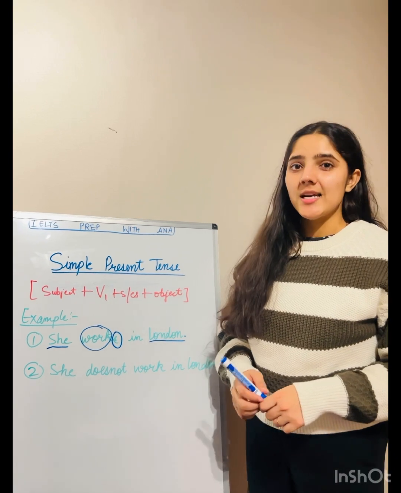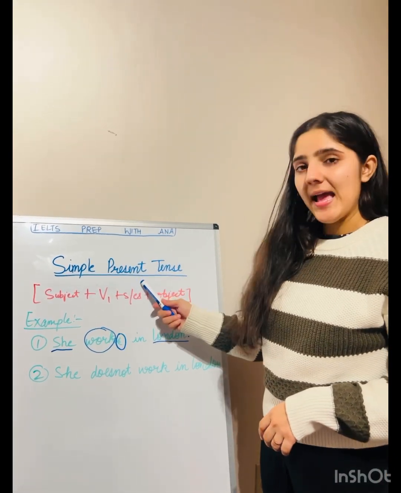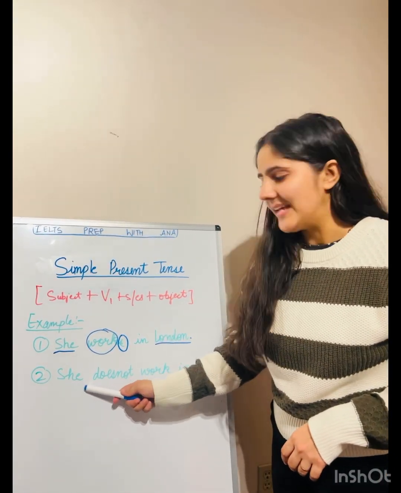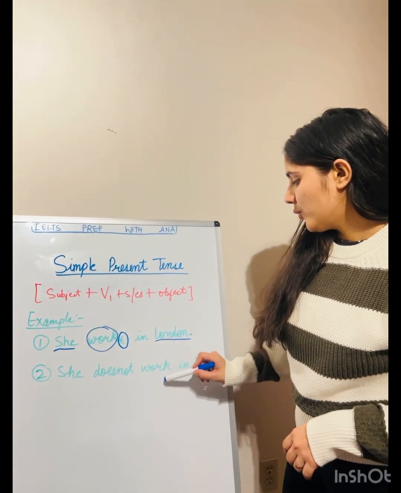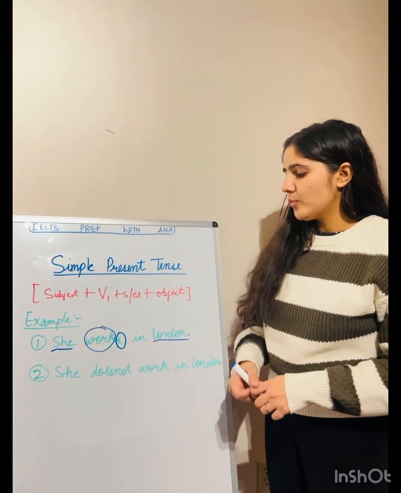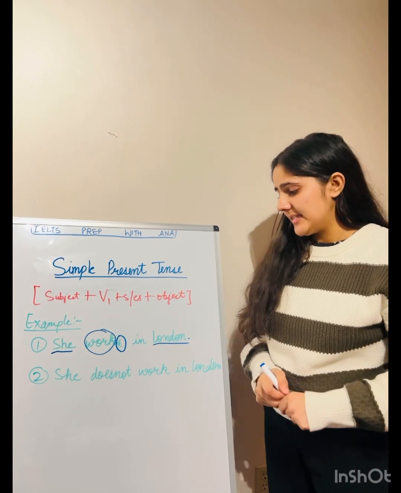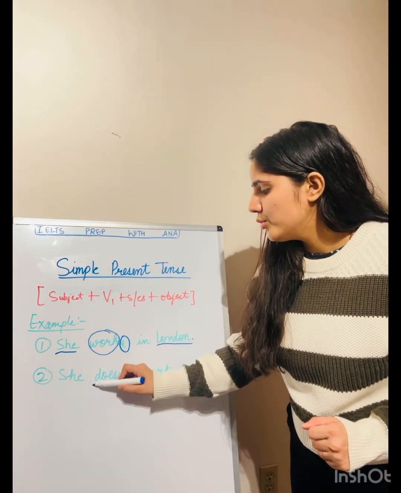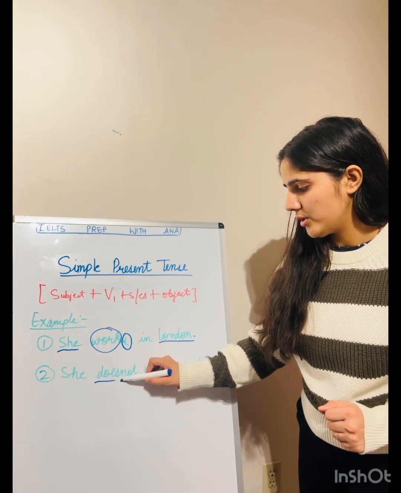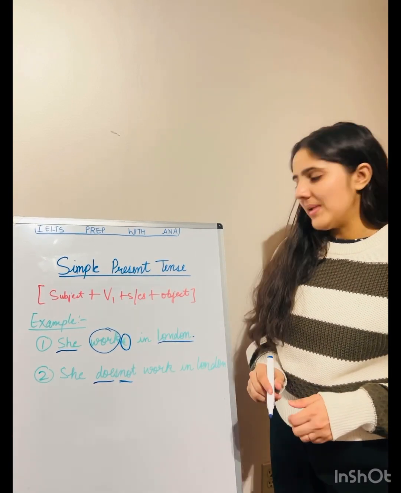So here is another example of the same tense, but it's a negative sentence. She does not work in London. So what's the formula of a negative sentence? That we will use do or does and not, and everything will remain the same.